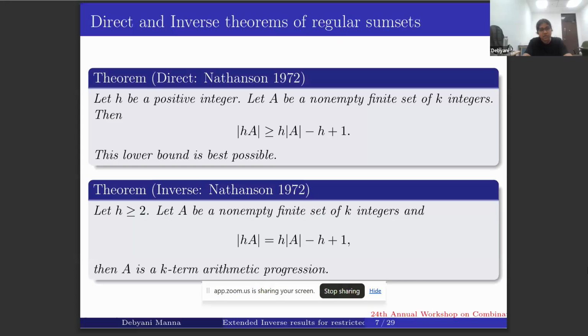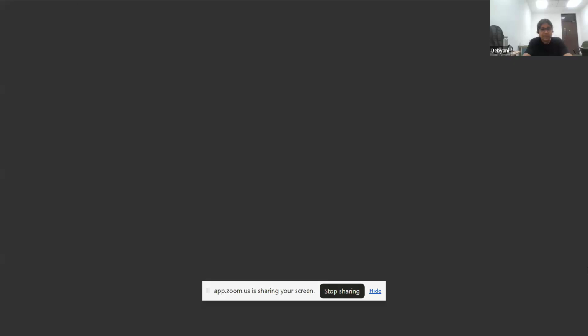So here are the direct and inverse results for the H-fold sumset due to Professor Nathanson. Let h be a positive integer and A a non-empty finite set of k integers. Then the cardinality of hA is greater than or equal to h times the cardinality of A minus h plus 1. This lower bound is best possible, and equality holds when A is an arithmetic progression.